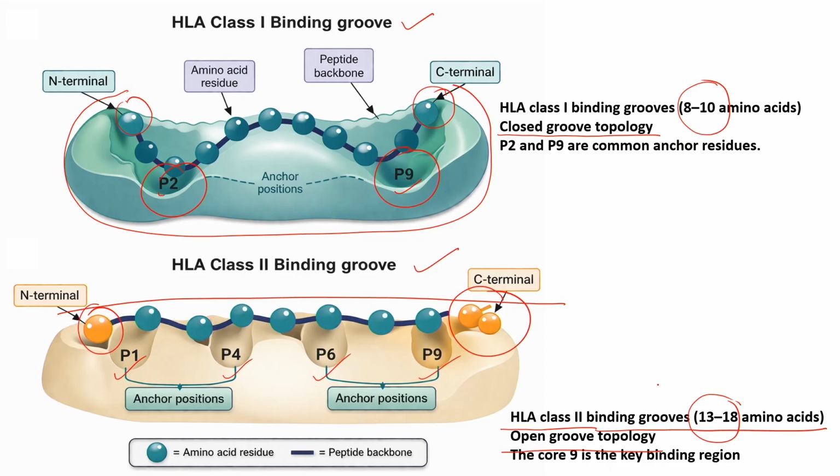These are big areas which can dock a bigger size of peptide. Research has identified that the 9 amino acid area in the core is the key binding factor which allows proper binding strength of the peptide, and if there is any mutation in this domain, the peptide may not bind properly. If there is a mutation in the P9 domain, the peptide binding does not happen and the person lacks an MHC 2 specific immune response.